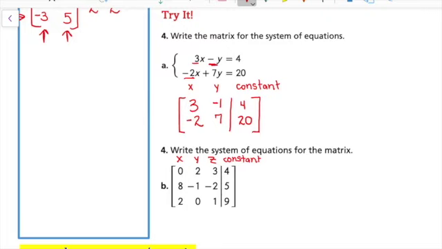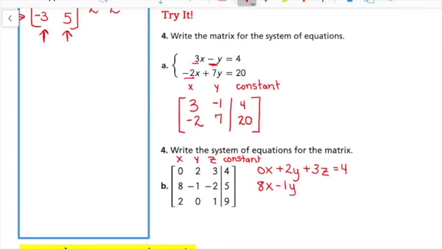Envision will usually tell you what to put it in terms of, like in terms of x, y, and z, or in terms of a, b, and c. All right, so here we do 0x plus 2y plus 3z equals 4.